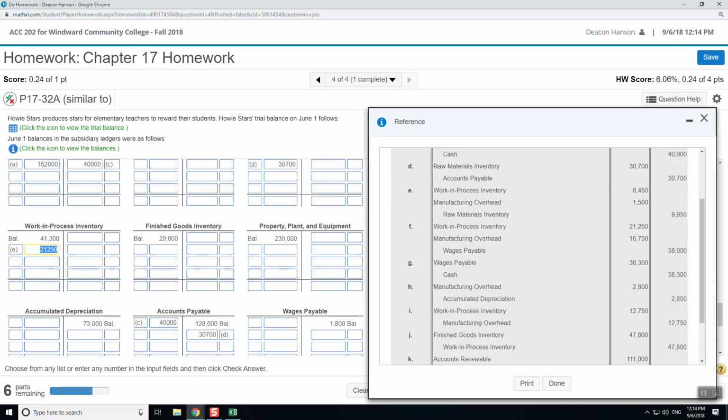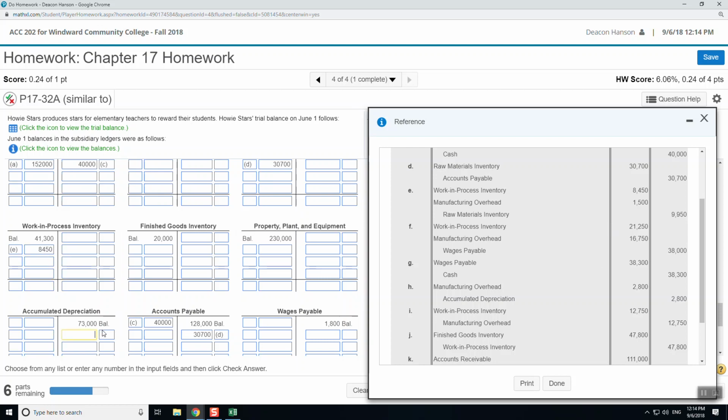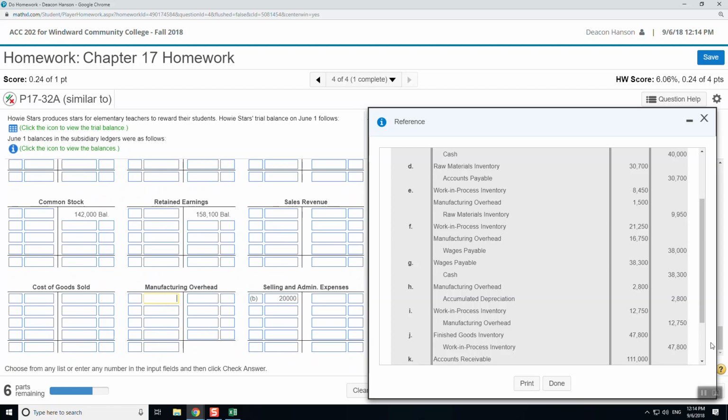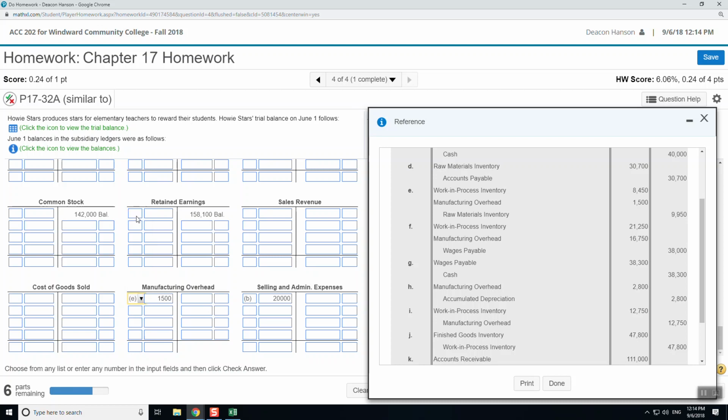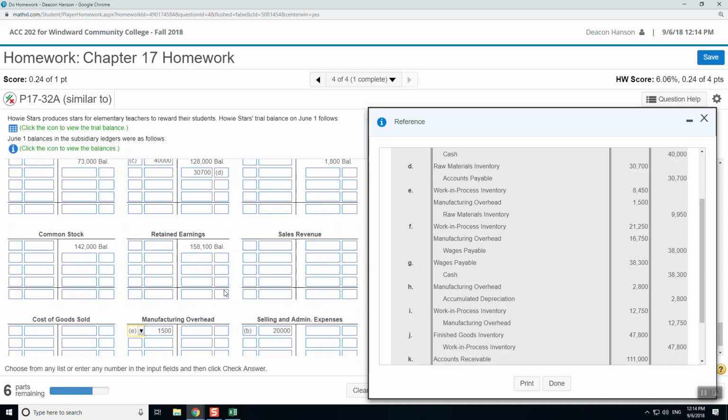Let's see. E, 8450. Overhead, 1500. This one was a compound entry, and raw materials credit 9950.